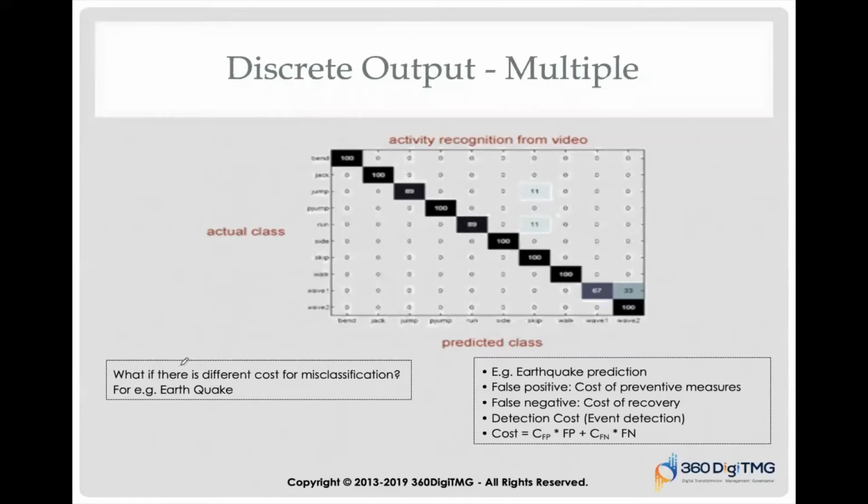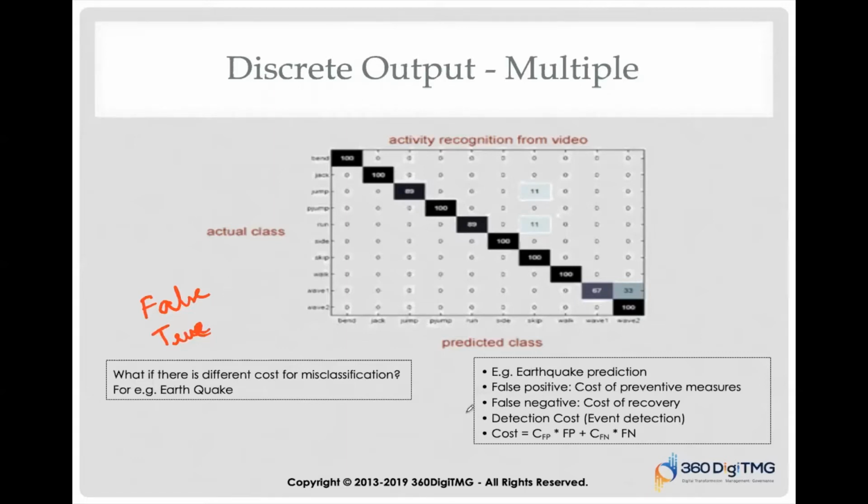We need to not just look at how many of the classifications are incorrectly classified and how many of the misclassifications have been correctly classified. We don't just look at these. Sometimes we also look at the cost associated with each incorrect classification.